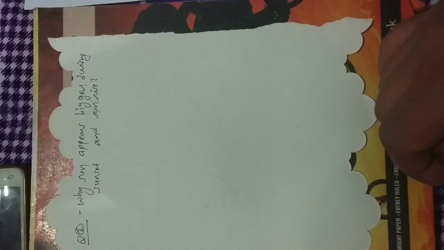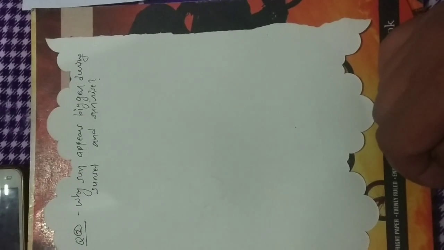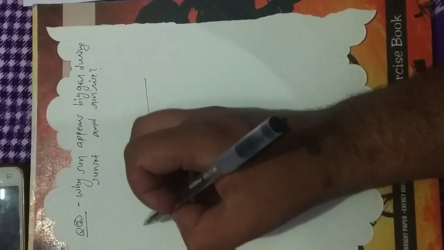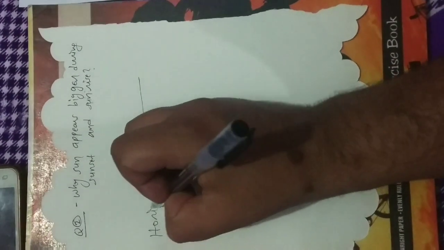The second question is why the sun appears bigger during sunset and sunrise. Suppose this is the horizon.